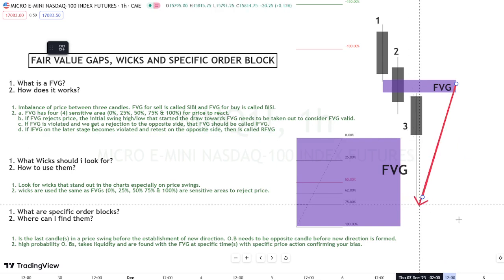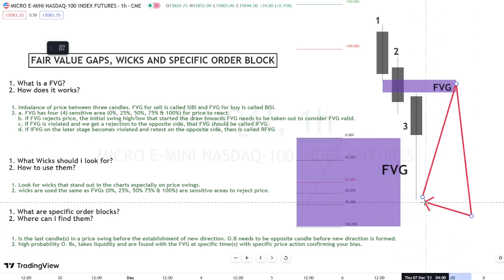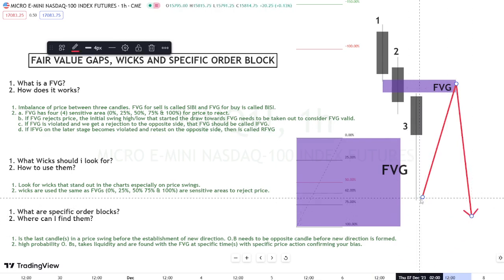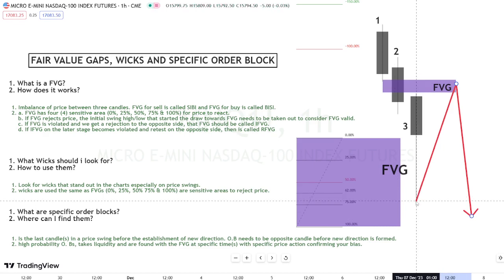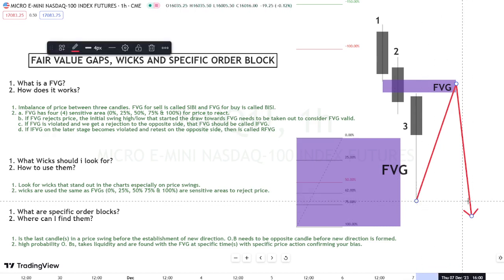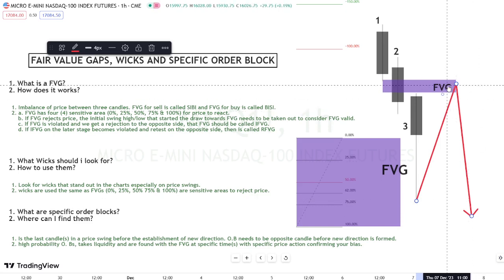So this low needs to be taken out right here, just to consider this a valid fair value gap. This is the minimum it can go to consider this fair value gap valid.